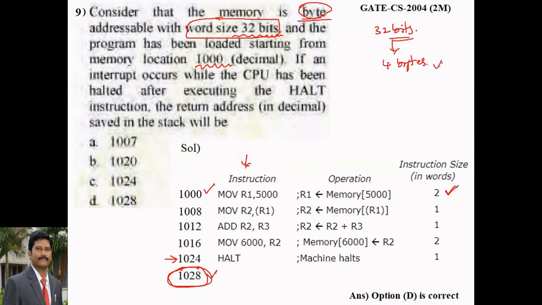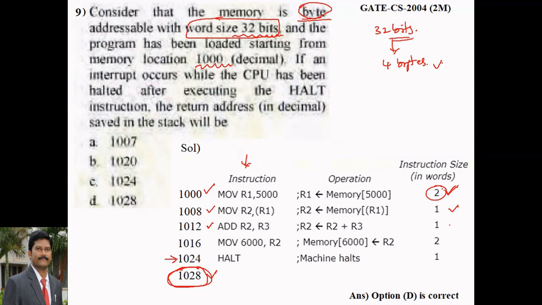So 2 words means 4 plus 4, total 8 bytes. The next address is 1000 plus 8, that is 1008. The next instruction is one word, 4 bytes, so 1008 plus 4 is 1012.